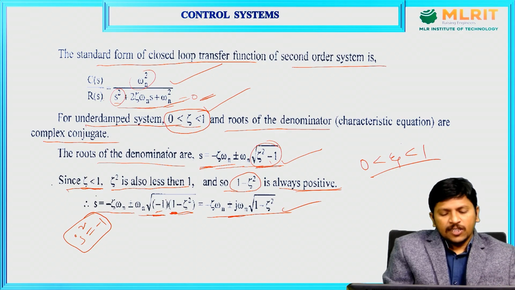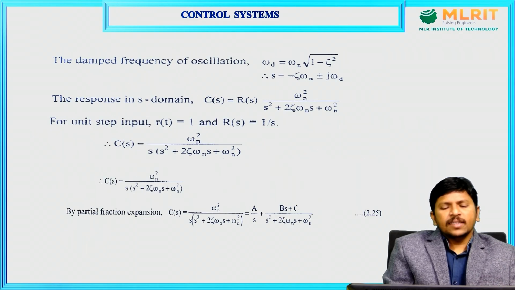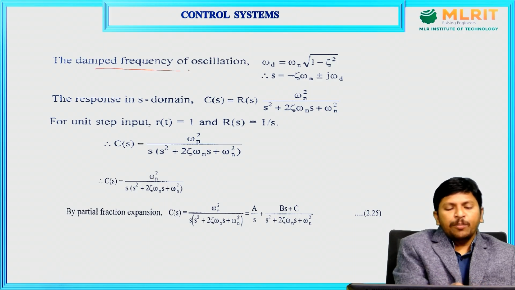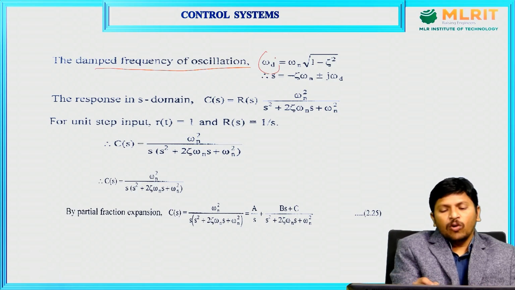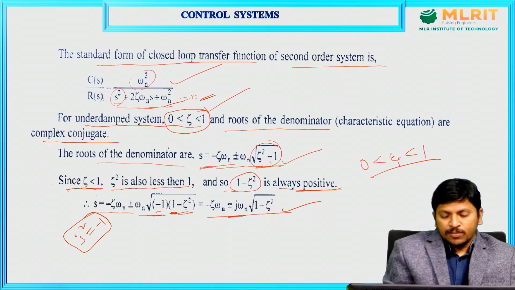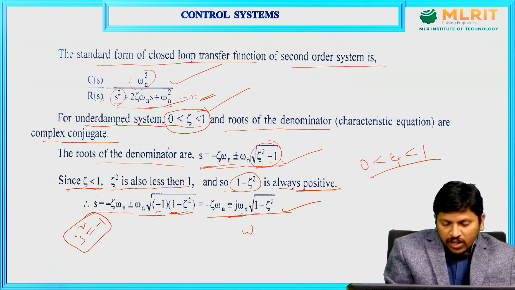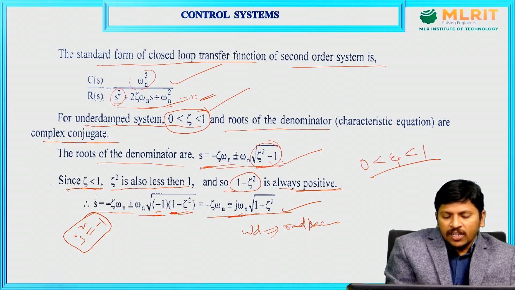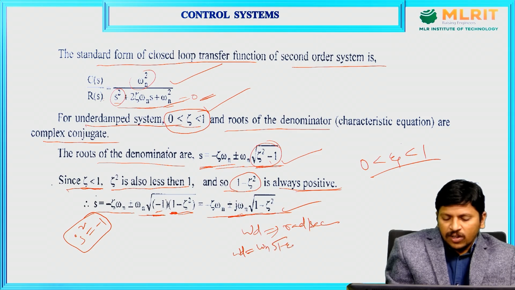Now consider the damped frequency of oscillation, omega d. We know from the previous session that omega d equals omega n under root 1 minus zeta square.